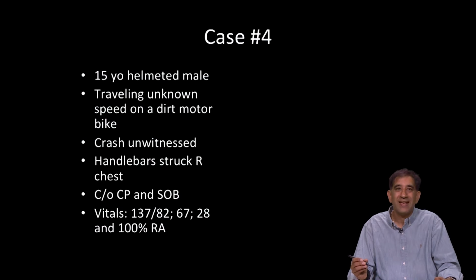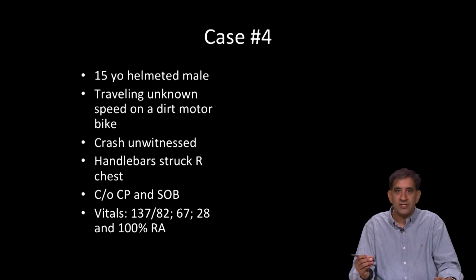Case number 4 is a 15-year-old helmeted male traveling on his bike, a dirt motorbike, at an unknown speed. He crashes, his handlebars strike his right chest, and he comes in with chest pain and shortness of breath. His vital signs are a blood pressure of 137/82, a respiratory rate of 28, heart rate of 67, and an O2 saturation of 100% on room air.